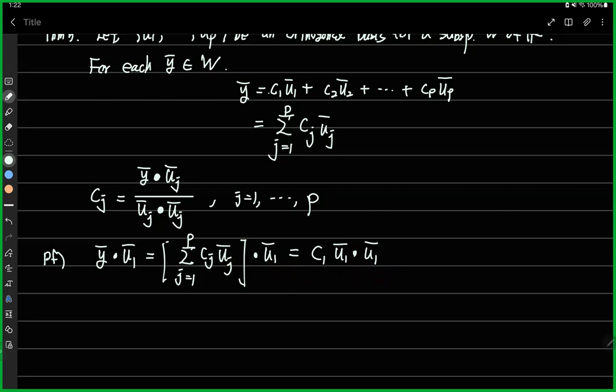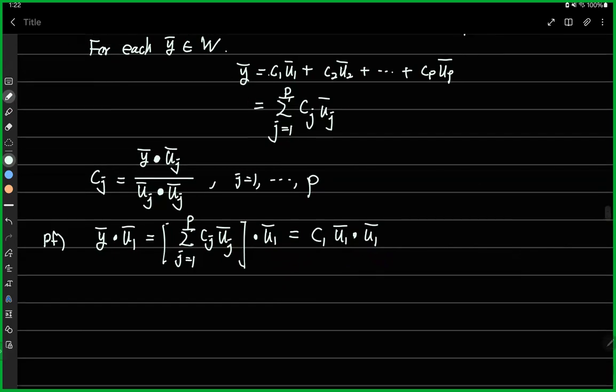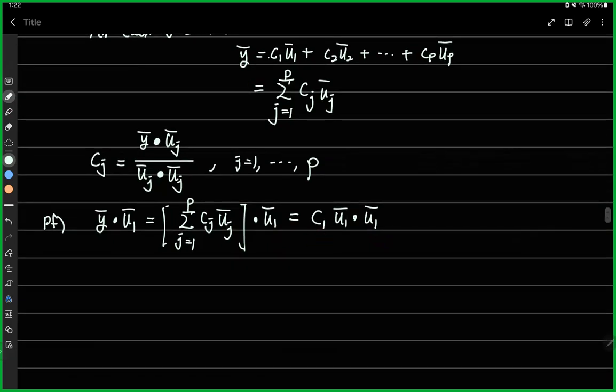But we want to find out c1, right? The dot product returns a scalar, so this is a scalar and this is a scalar, so we can divide this one by that. Then c1 is equal to y dot u1 over u1 dot u1.